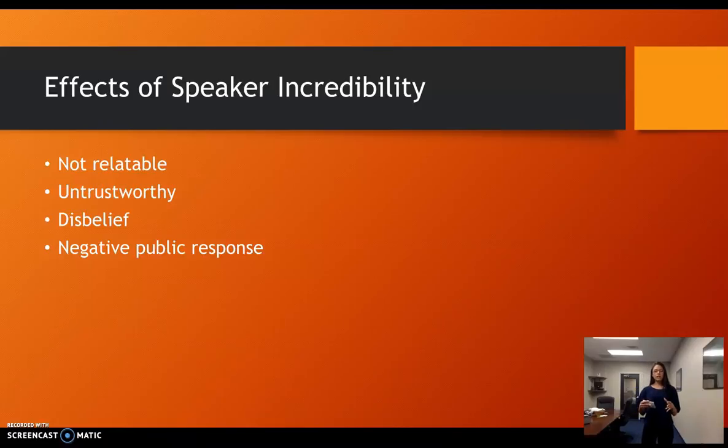So, the effects of speaker credibility. When an audience is assessing a speaker, they're trying to relate to the speaker during the situation. And if they cannot relate to them, they find them untrustworthy. And when they're untrustworthy, the audience definitely doesn't believe them. They might find them unethical, and you'll definitely get a negative response from the public.